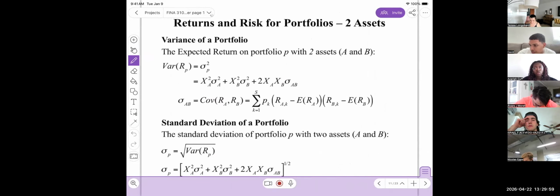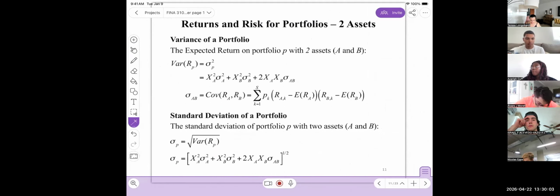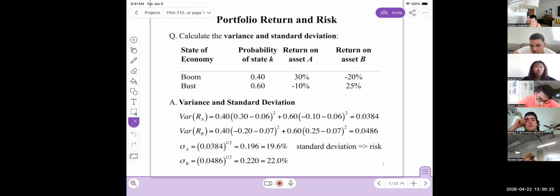So here it is. In general, the variance, we write it like this, variance of RP, or like this, because the distribution had 2 possible outcomes.